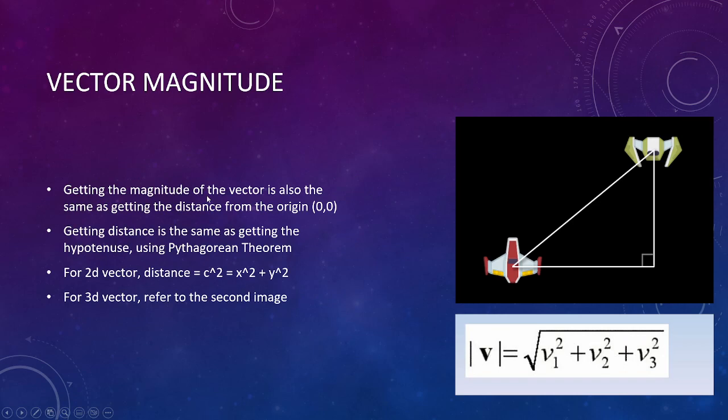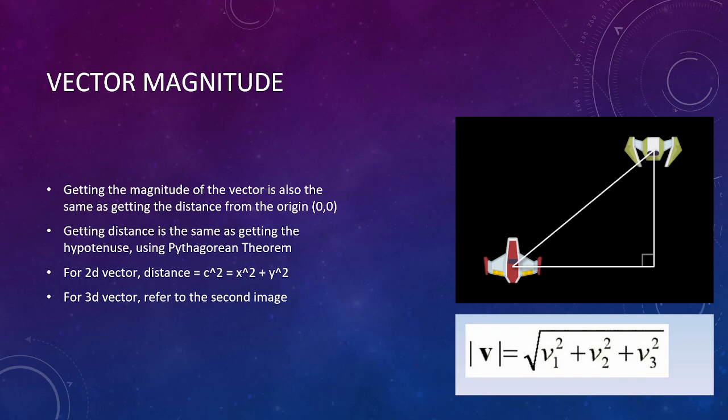Okay. So for vector magnitude, we use our Pythagorean theorem, just like a while ago. To get this, you just get the square root of the sum of the squares of x and y. Anyway, you know how the Pythagorean theorem works.